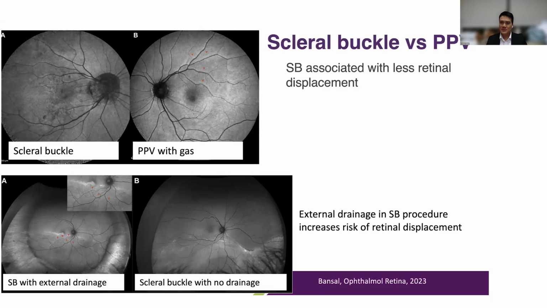If you do not drain the subretinal fluid, it's really hard to localize the retinal tear, and it would be really hard to determine where you should put your buckle because of the parallax effect, which will make the retinal tear look more anterior than it actually is under a bullously detached retina. So we still need to perform external drainage in certain cases, for example, very bullous retinal detachment.